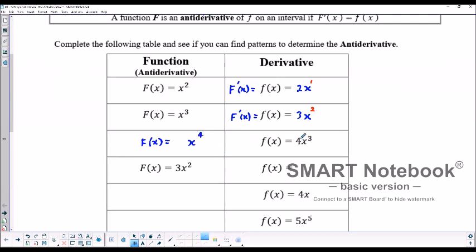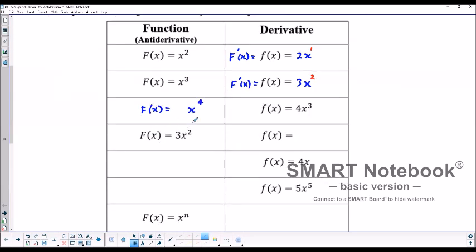Now if we test this and we differentiate this x to the power 4, and we look at the derivative that we've been given in the first place here, we see that differentiating this would give us 4x cubed. So the antiderivative of 4x cubed is x to the power 4. If we differentiate 3x squared, the derivative is going to give us 3 times 2.